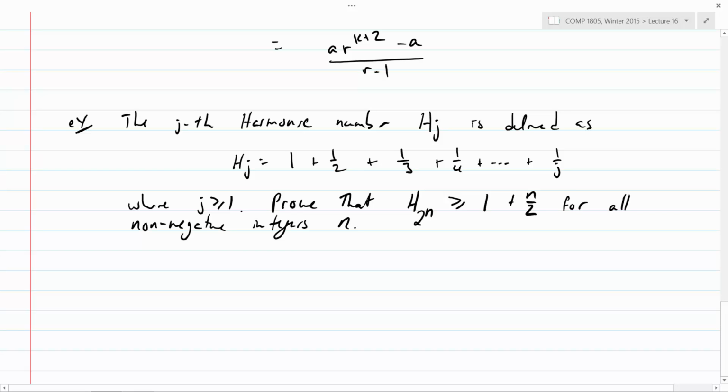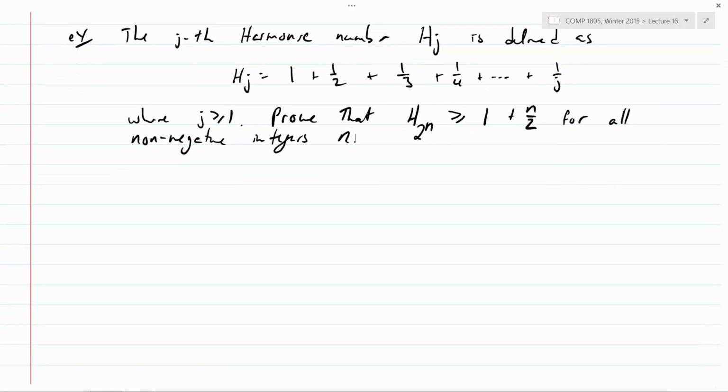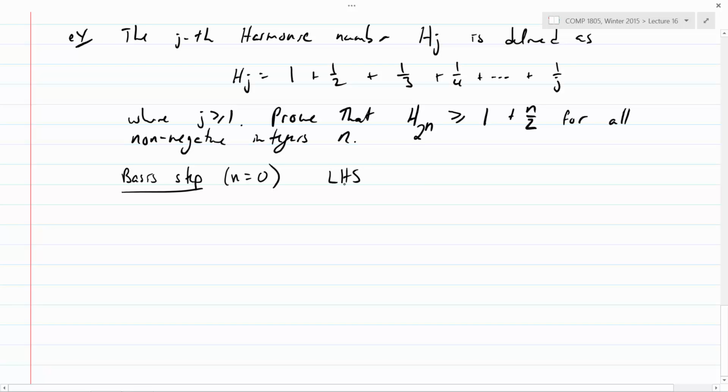All right. So we do the usual thing. We start with a basis step. In the basis step, we prove it's true for the smallest number that the statement applies to. This applies for non-negative integers n, so that means I start at 0. If I start at 0, the left-hand side is H of 2 to the 0, which is just H of 1, which is 1 over 1, which is 1.